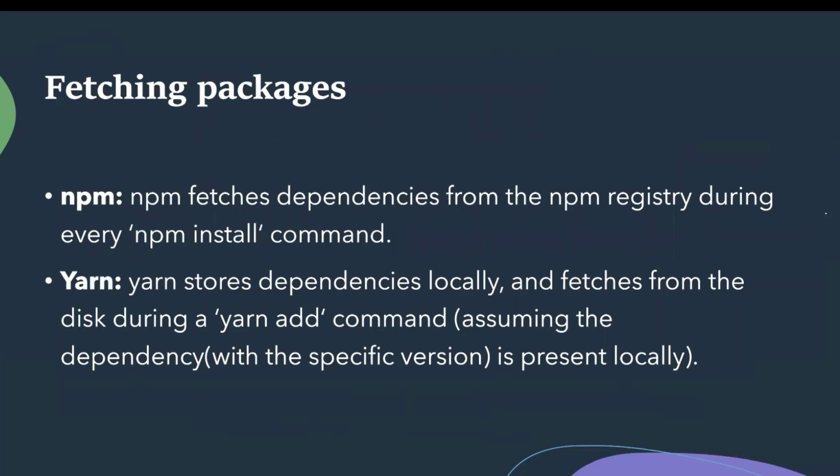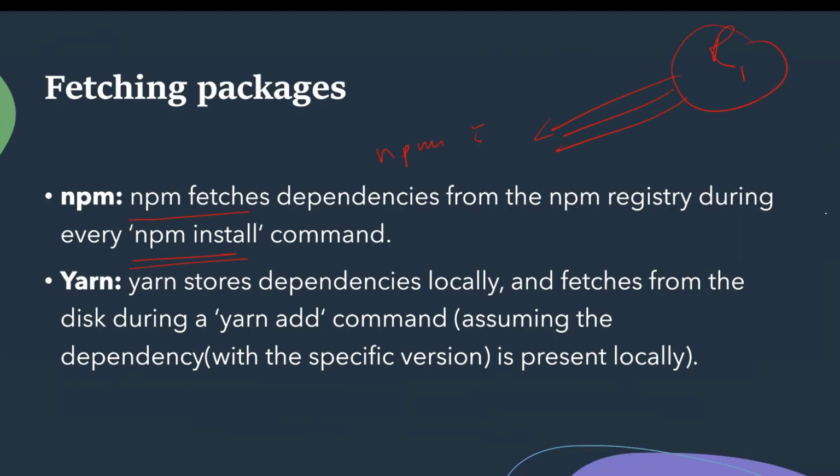Now fetching the packages. How are you going to fetch the package? npm fetches dependencies from the npm registry during npm install. So once you issue npm install, it goes to the registry and from there gets all the packages for you.